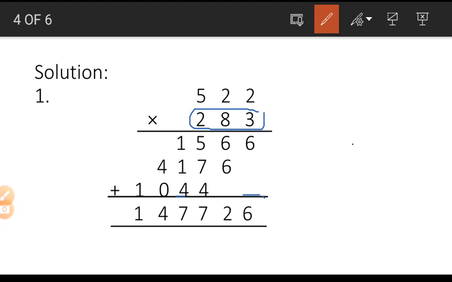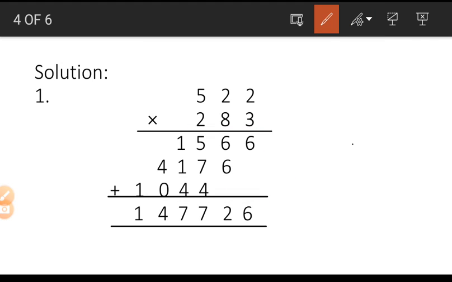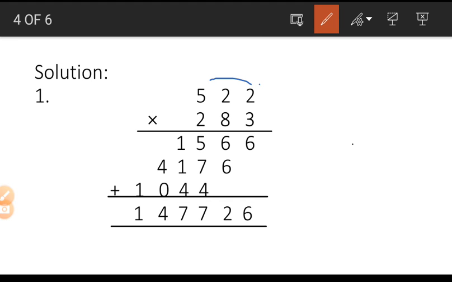So you discover that you are going to get 3 lines because there are 3 numbers to multiply. But we are going to start with the 3. The 3 has to multiply everything first to get this first line.